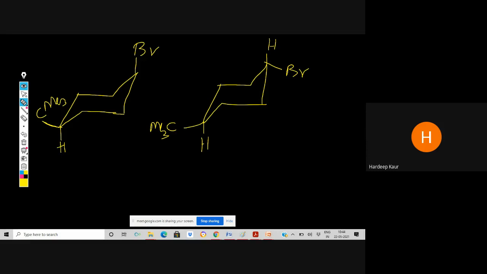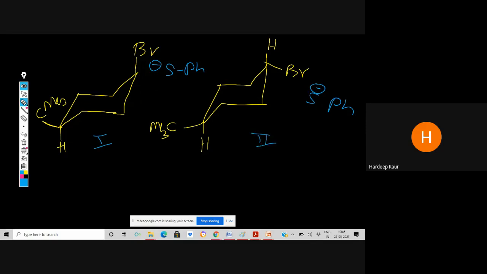ਹੁਣ ਇਹਨਾਂ ਦੋਨੋਂ conformations ਚੋਂ which will react rapidly with thiophenol. So thiophenol ਚ ਜਿਹੜਾ nucleophile ਹੈ that is S negative phenyl, and here also S negative phenyl. So out of these two, suppose this is conformation 1 and this is conformation 2.